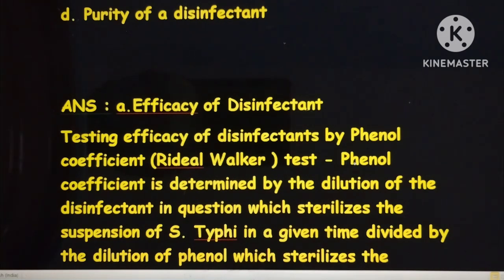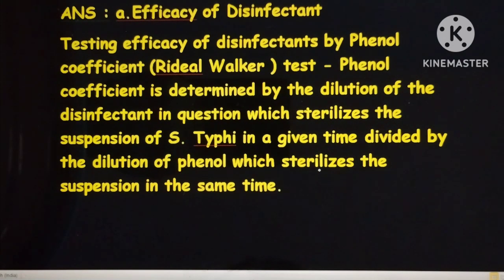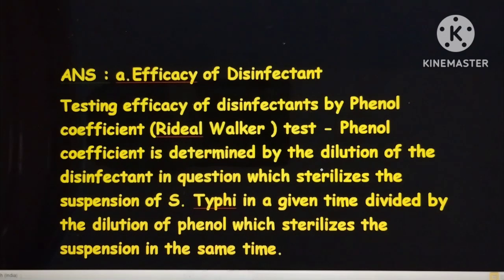If you want to test the efficacy of a disinfectant, they will take a suspension of Salmonella typhi and test it with phenol. The time taken by phenol to sterilize the Salmonella typhi is then compared with the disinfectant you are going to test.